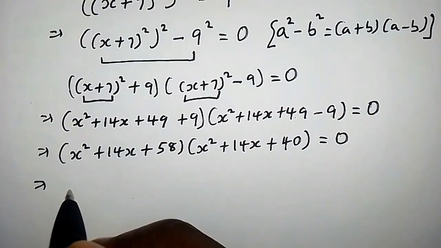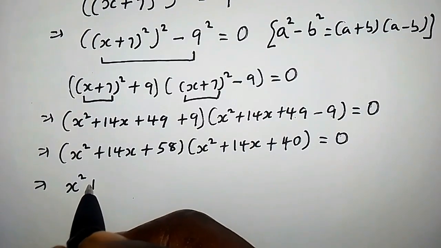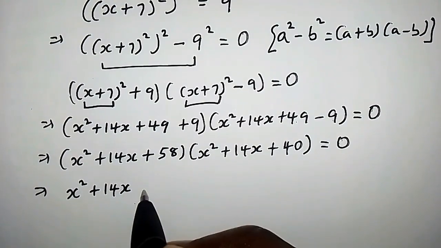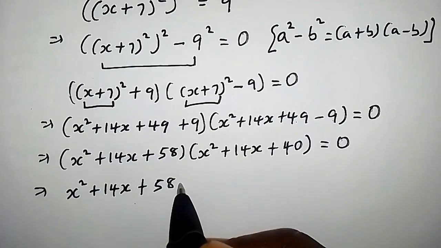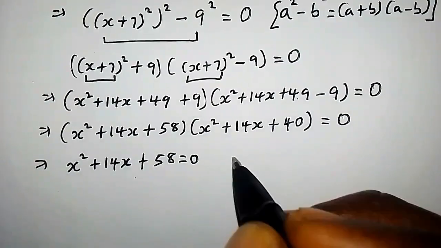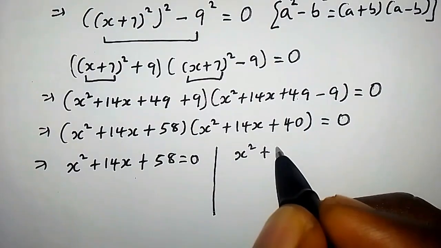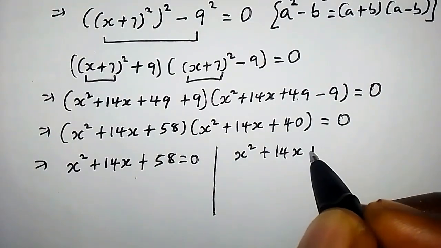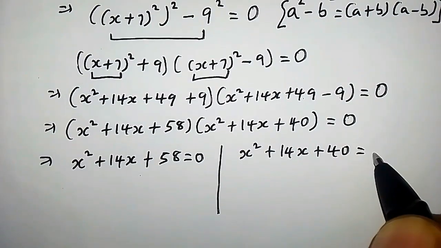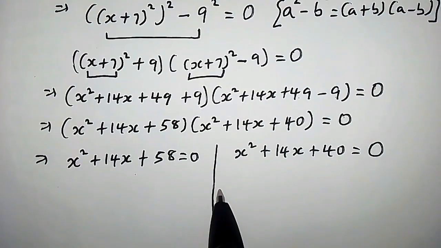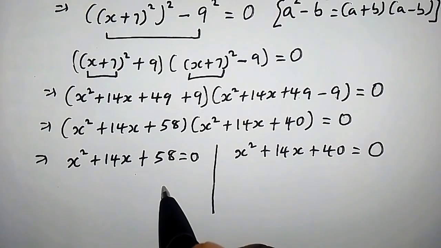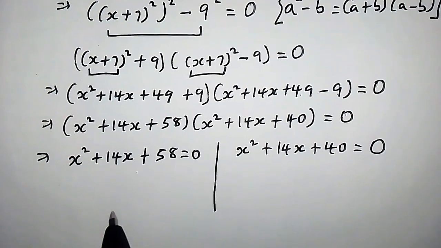This means that x² + 14x + 58 is equal to 0, or x² + 14x + 40 is equal to 0. Let's solve each of these quadratic equations one by one.